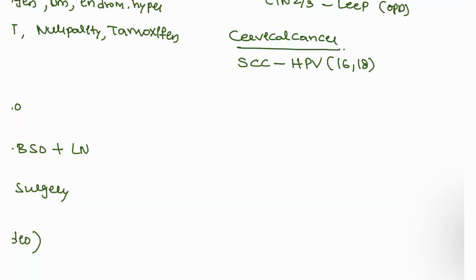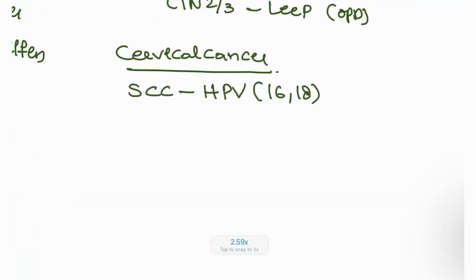Next, early coitus, early first pregnancy, multiple partners, multiparity, low socioeconomic status, smoking, HIV, OCP, all are going to be the risk factors for this patient. Next, HPV is usually associated, as we discussed, mostly due to two factors: one is E6 and the other one is E7. These factors are going to cause this risk.